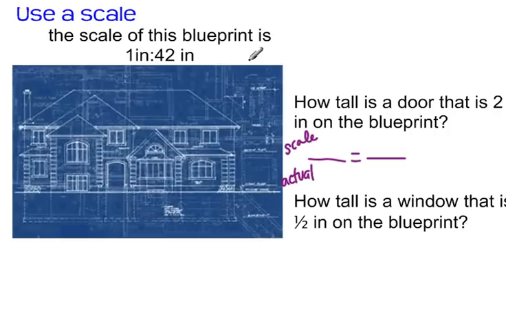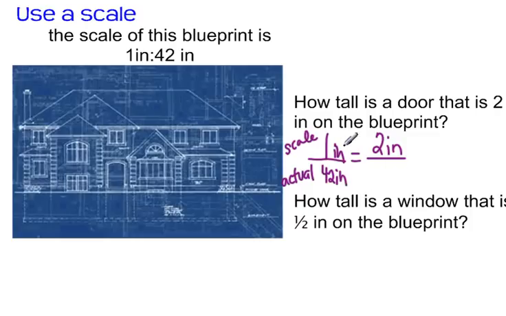So on my drawing, 1 inch is 42 inches in real life. So how tall is a door that is 2 inches on the blueprint? Well, the blueprint is the scale. It's not the actual. This door is not actually 2 inches tall. But this is going to allow me to set up and find out how tall that door will be in real life using a proportion.